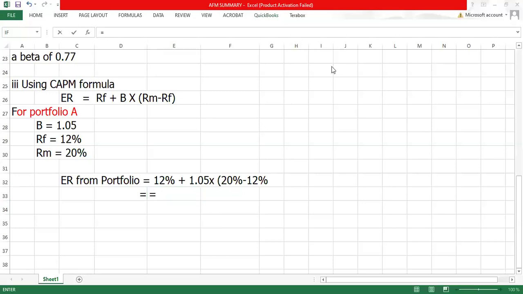So in percentage, multiply by 100. This is 12% plus 1.05 times the 20% minus 12%.